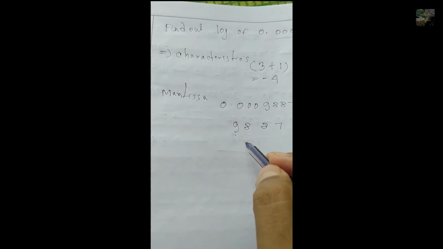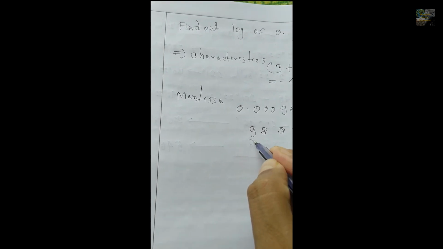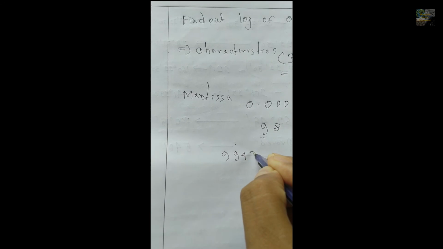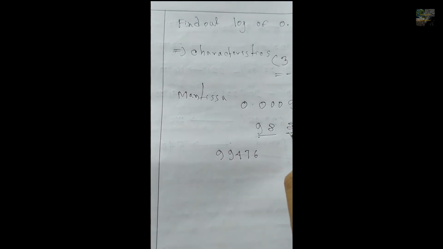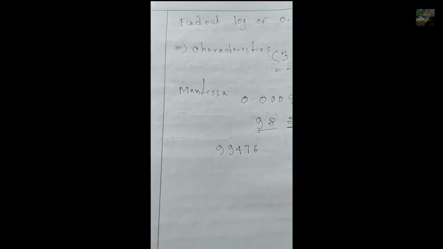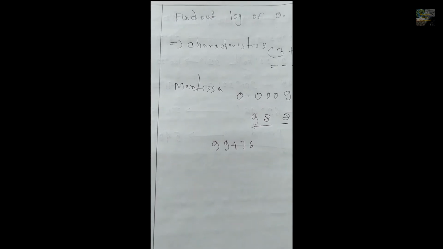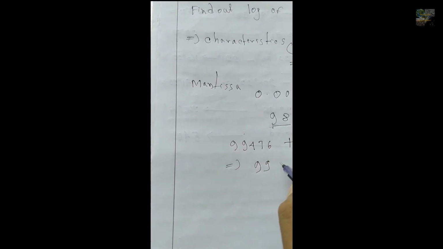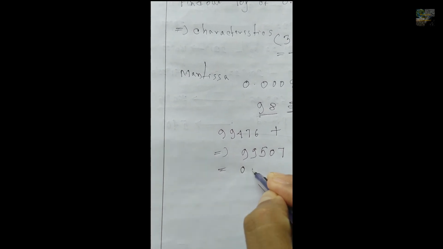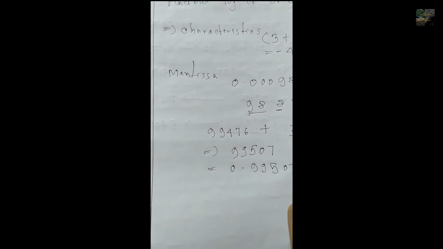I have found 99476, that is the 98 row and 8 column, and the mean difference for 7 is 30 on the 98 row. So you have to add this value, giving 99507. This is the mantissa, and we know that the mantissa is always less than 1. So 0.99507 is the mantissa value.